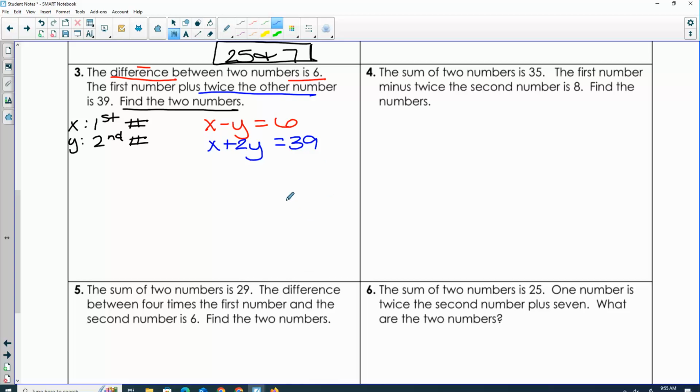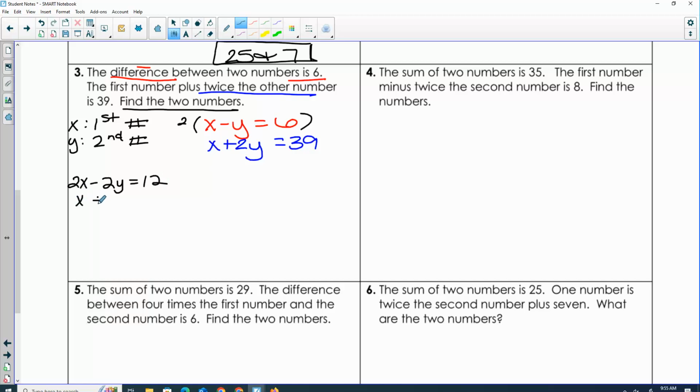All right, now we have to solve it. Substitution or elimination? What do you guys want to do here? Do y. Okay. If you want to eliminate y, we would need to take the first one times 2. So that gives me a 2x minus 2y equals 12.